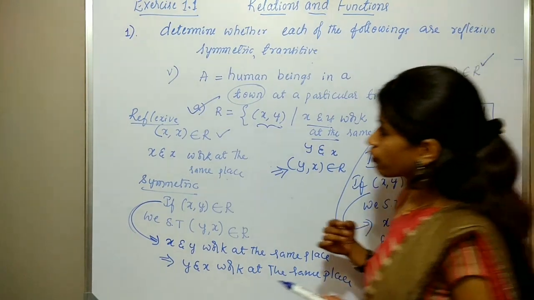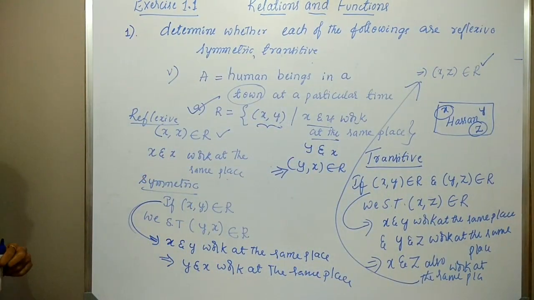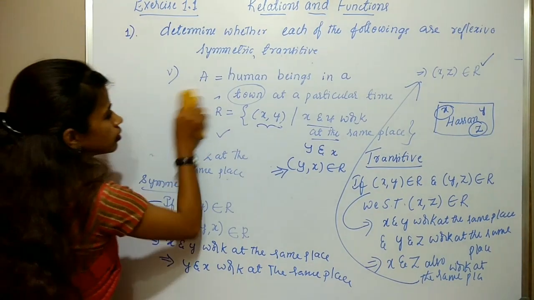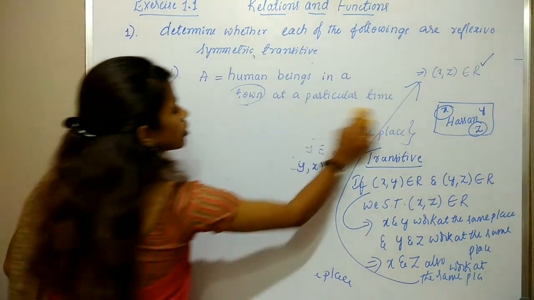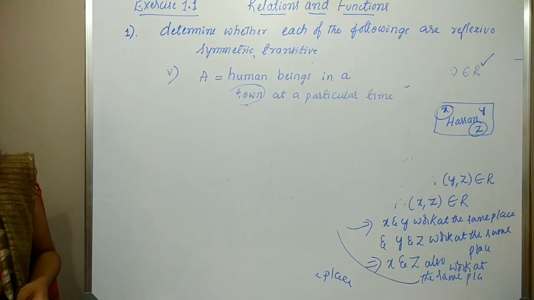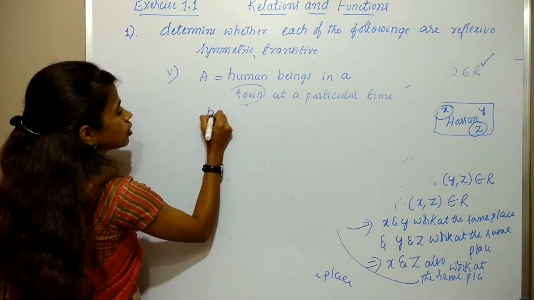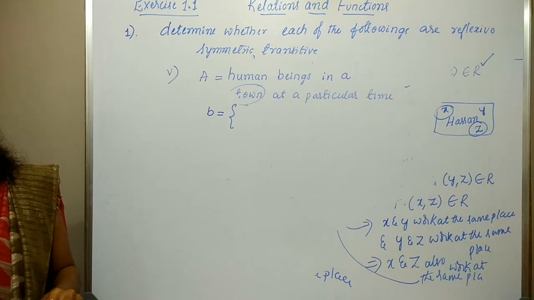So next, take B. Please pause the video and take it down. Now I am taking B. So what is B? A is the set of all human beings in a town.